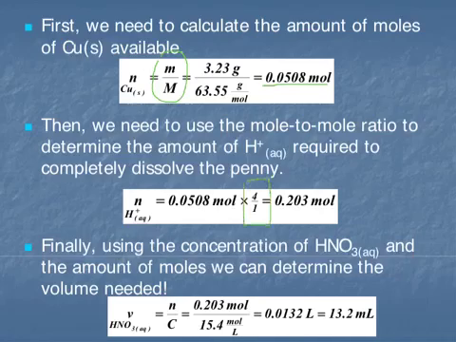We find that we actually need 0.203 moles of nitrate. Now going back to our concentration formula, where V equals n divided by C, n being the moles of nitrate that we need, and C the concentration of the concentrated nitric acid, we do our math and find that we need 13.2 mL of concentrated nitric acid to dissolve 3.23 grams of copper.